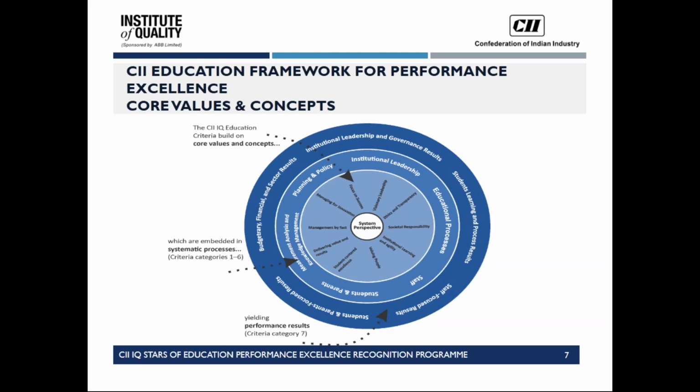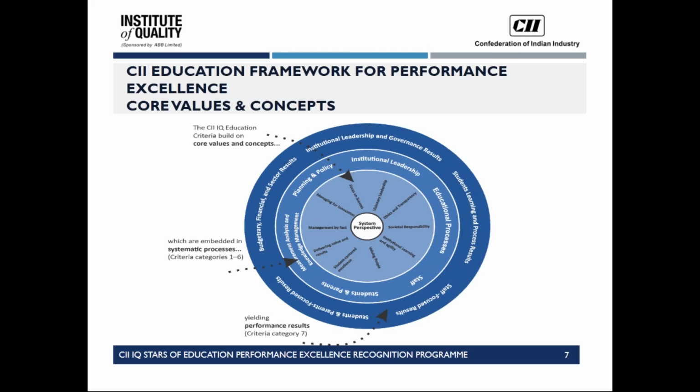Therefore, the pursuit of sustained growth and performance leadership requires a strong future orientation and a willingness to make long-term commitments to key stakeholders, the students and parents, the staff, suppliers and partners, the public, and the community itself.